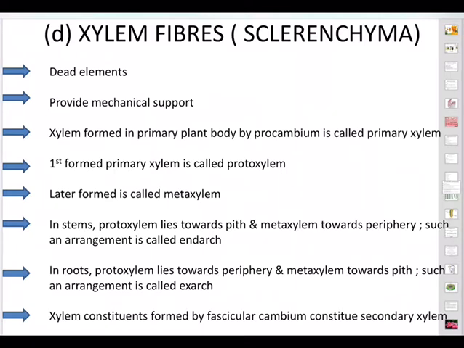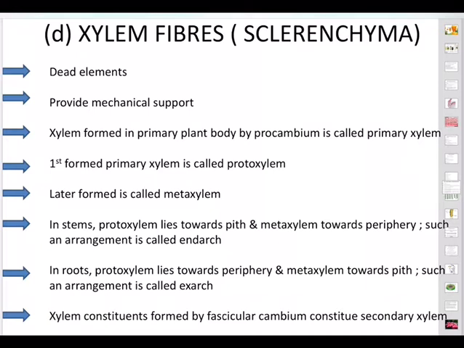And xylem formed in the primary plant body by procambium is called primary xylem. The first formed xylem is called protoxylem, and the xylem that is formed afterwards is called metaxylem.